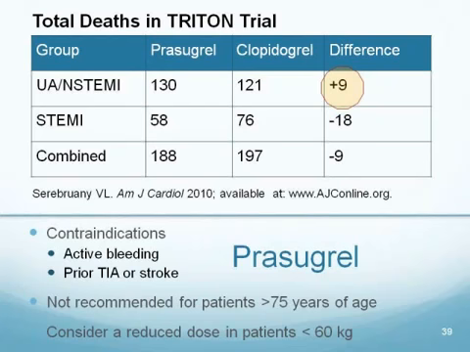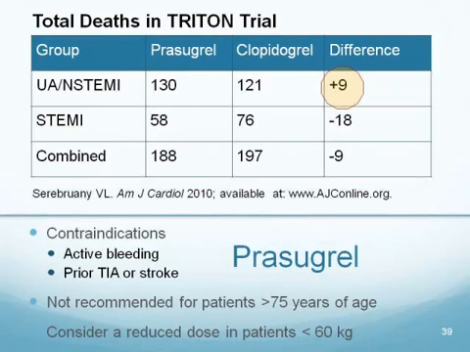They found 18 fewer deaths in the prasugrel group among the patients who had presented with STEMI, yet there were 9 more deaths in the prasugrel group as compared to clopidogrel in the patients who were either unstable angina or non-STEMI. Now, again, this is retrospective data, but it's just kind of interesting, and I think it explains a little bit why the British group, the NICE guidelines, specifically recommend prasugrel in STEMI patients. That's where most of the benefit was seen.